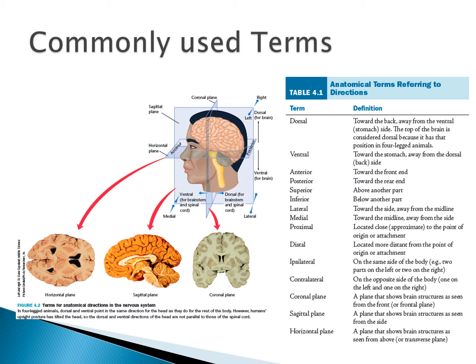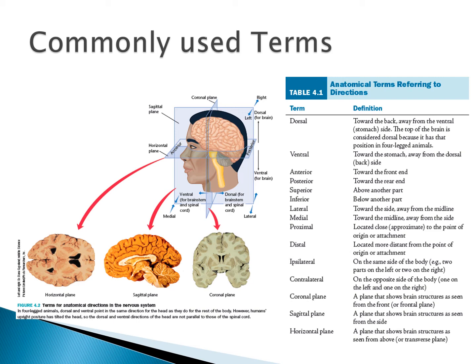So I'm going to start with the dorsal, ventral, anterior, posterior. So usually when I think dorsal, I actually point up. It is towards the back of an animal, so you can think of the dorsal fin on a shark.